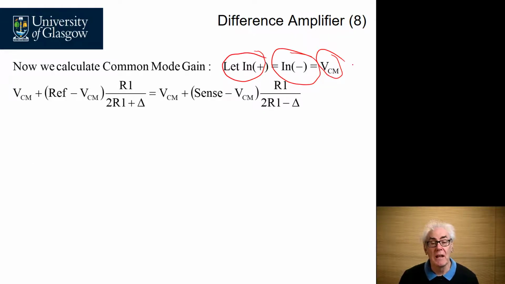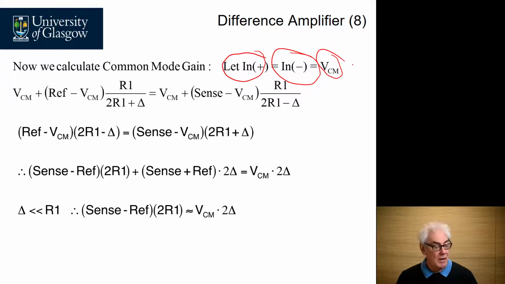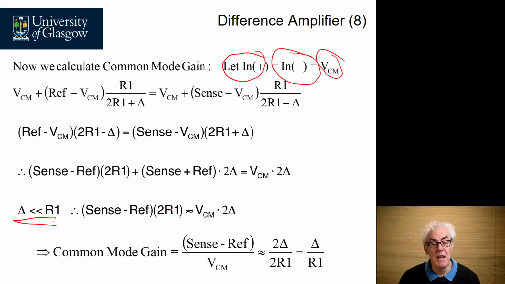So running through the analysis, we land up that, again, if delta is much less than R1, then we land up with a common mode, the output voltage times 2 times R1 is approximately the common mode voltage times 2 times delta.